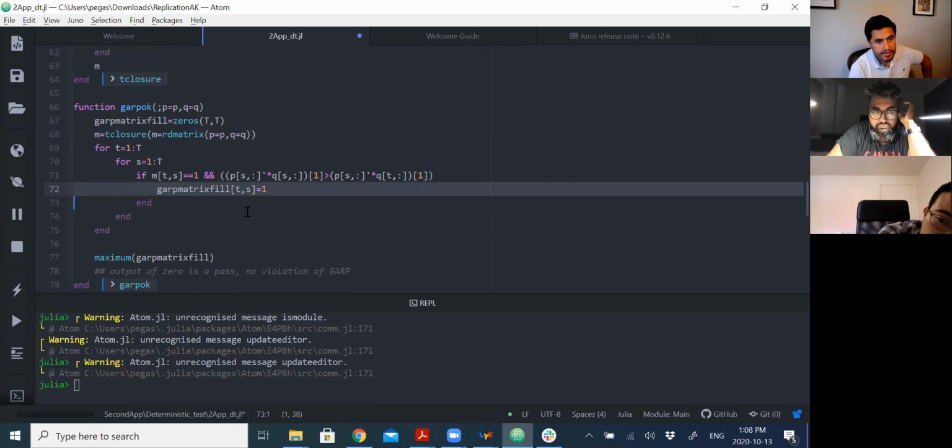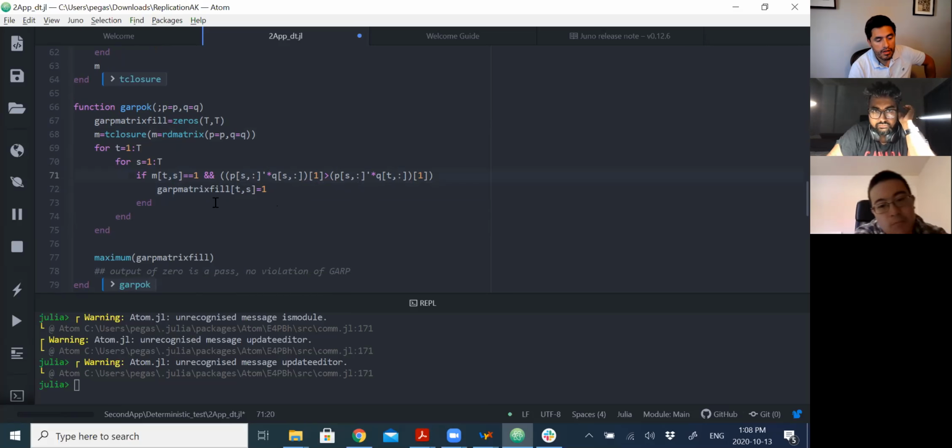So this is just checking the indirect preference relation matrix and then checking whether in the data there is also a direct revelation of QS versus QT, right? So if that happens, it's a cycle, and then it's a violation of GARP. If a violation of GARP happens, then I record a 1.